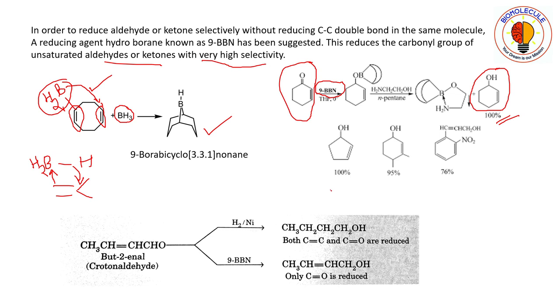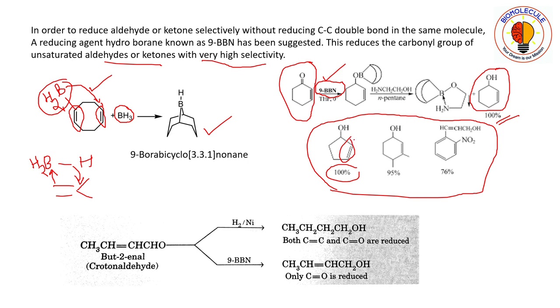Similarly, these are some substrates which are reduced with 9BBN. Here we are getting 100%, and the unsaturation remains intact. Here also it is 95%, unsaturation remains intact. This one is 76%, where the benzene ring and the unsaturation remain intact. Only here we are getting alcohol.